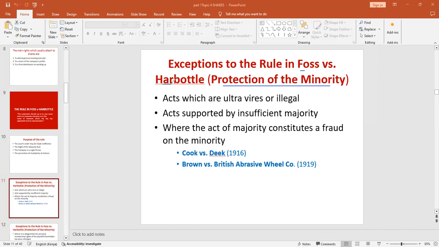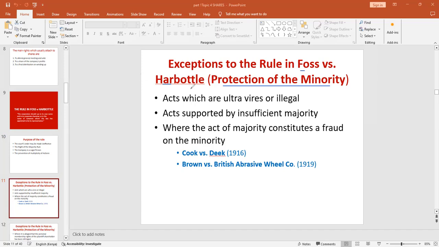But then how do we protect minority shareholders? It means there are things which if these majority shareholders do, then that decision will not be upheld. The decision will be of no legal consequence.